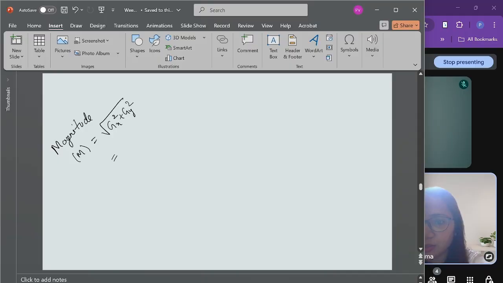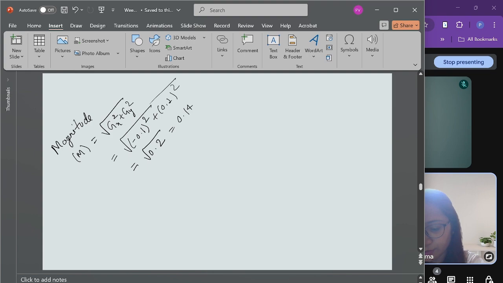So gx and gy we have calculated, that is minus 0.1 square plus 0.1 square. So can you just calculate and let me know what will be the value? So here you will get root of 0.02, which is, I think, 0.1414.